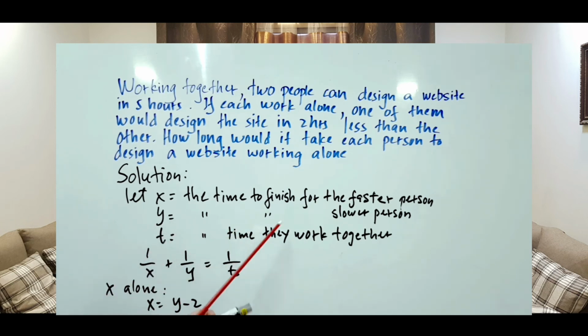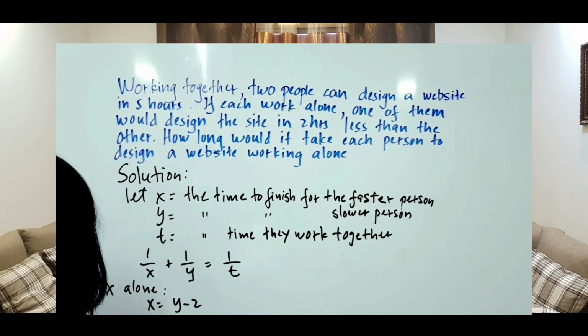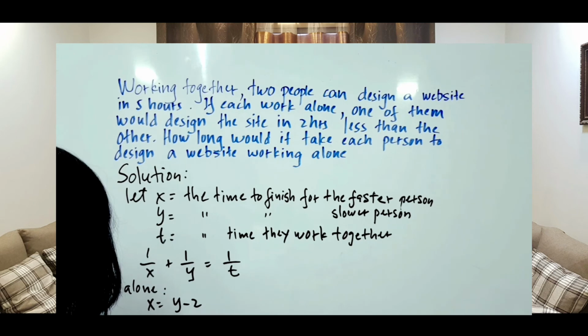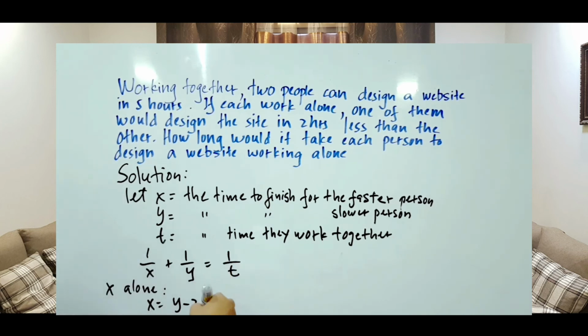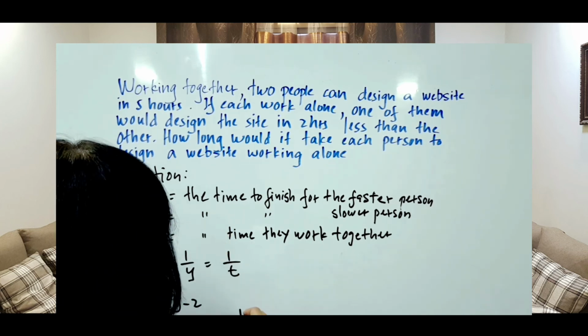So the other one is the slower person. Therefore, substituting all these values, 1 over Y minus 2 plus 1 over Y, which is equal to the total time, which is equal to 5 hours.